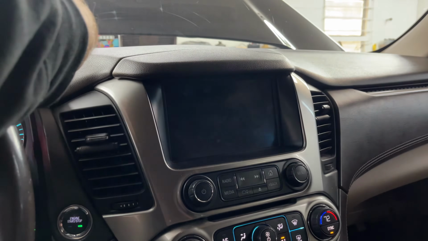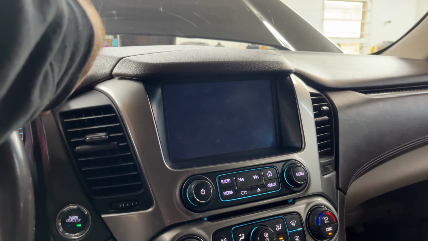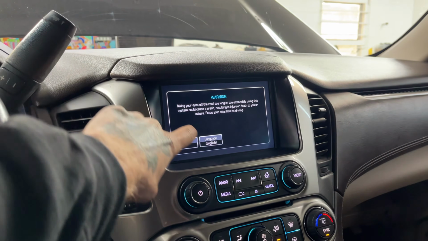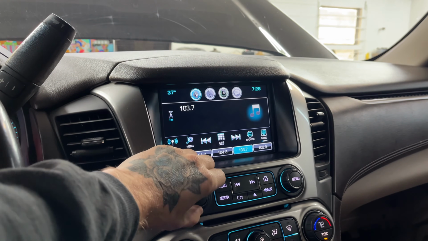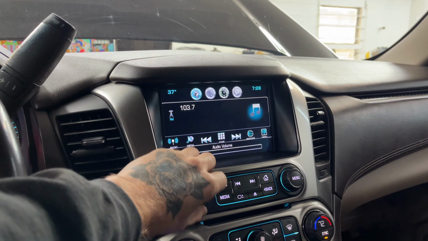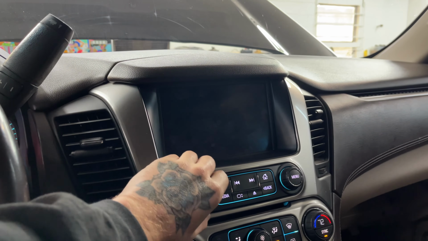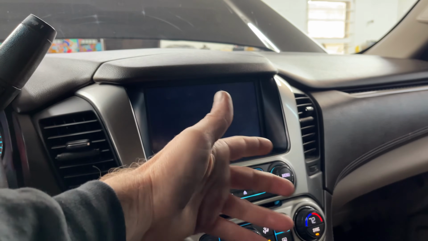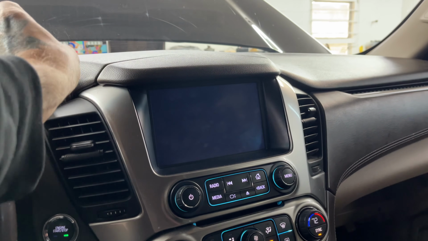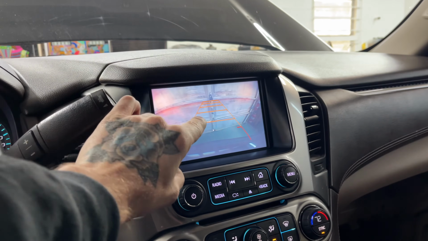Camera working. And as you see, we just lost radio controls. I can hear static playing. Okay, camera.